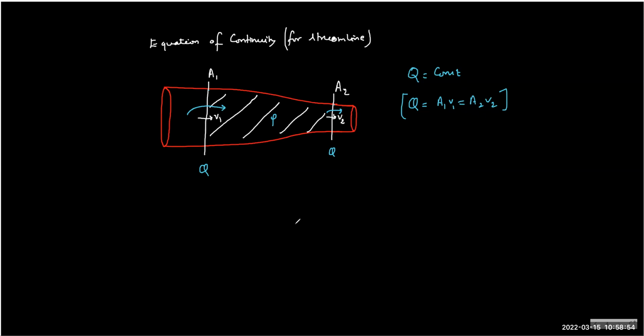And this is not true for only one tube. You can have a tube in which suddenly we have multiple cross sections, and this is generally the case of the arteries in the human body.